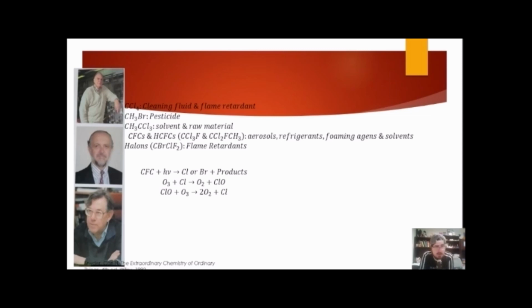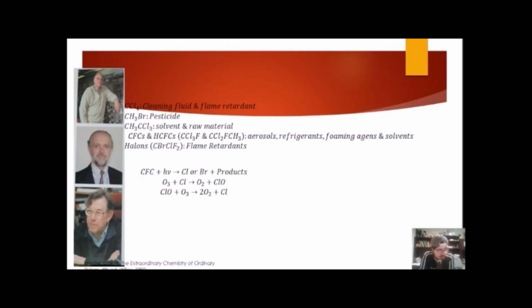We have things like carbon tetrachloride, which is a cleaning fluid and flame retardant, essentially using a fire extinguisher to put out the fire. It really doesn't want to burn. Methyl bromide, which was a pesticide. I think chloroform, a solvent, and a raw material.